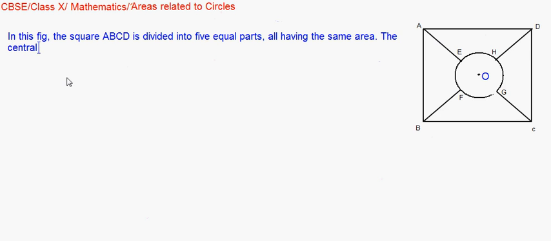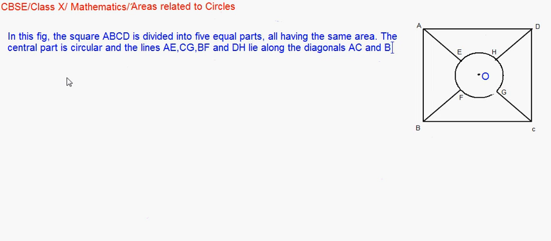The central part is obviously circular, and the lines AE, CG, BF and DH lie along the diagonals AC and BD of the square.